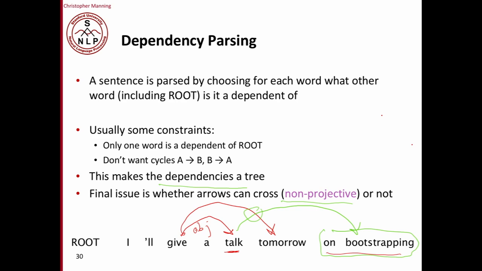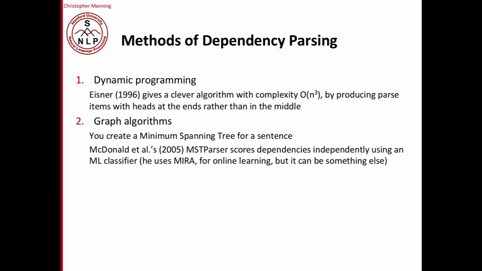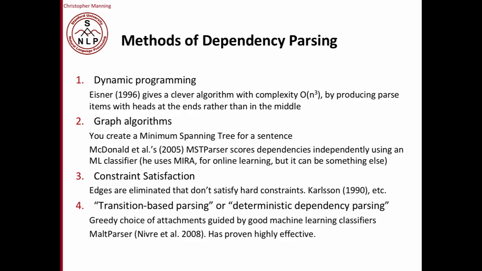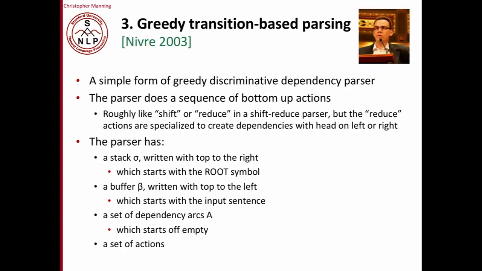Okay, so that's that. There are various ways of doing dependency parsing, but basically what I'm going to tell you about today is this one called transition-based or deterministic dependency parsing, and this has been enormously influential in practical deployments of parsing. When Google goes off and parses every web page, what they're using is a transition-based parser.